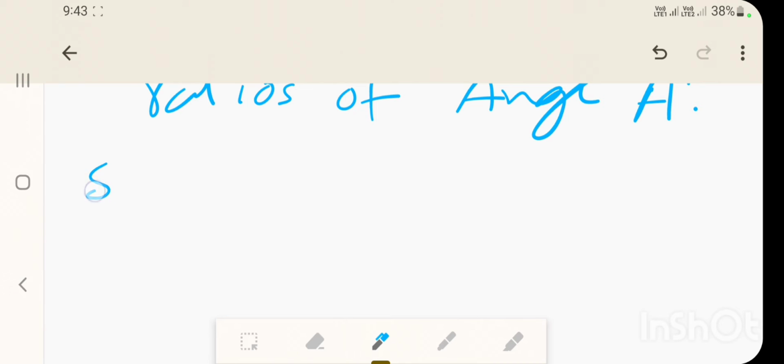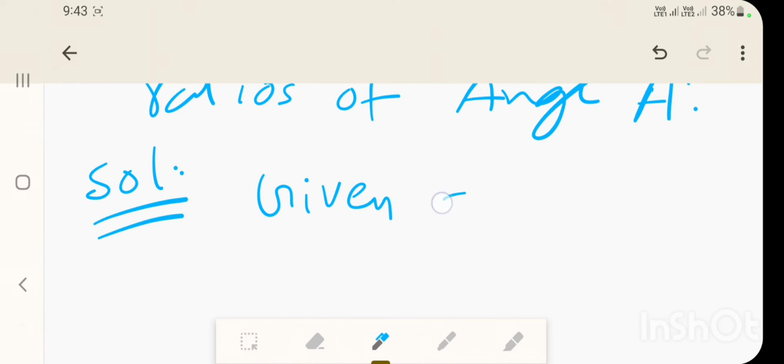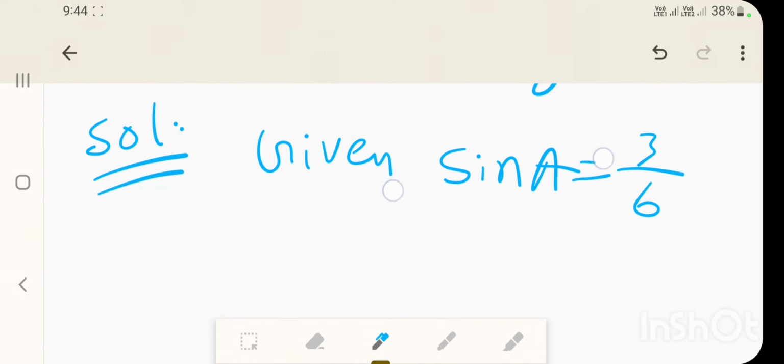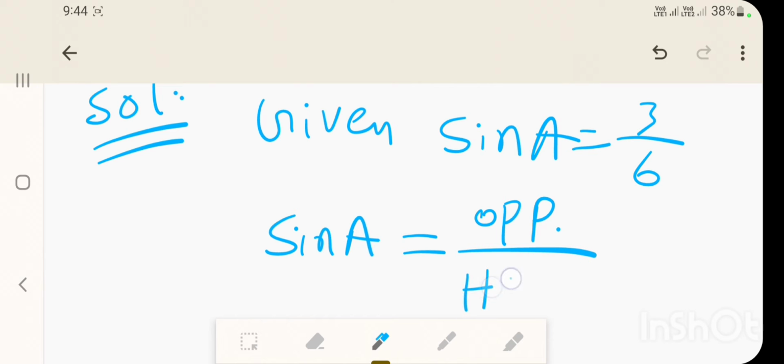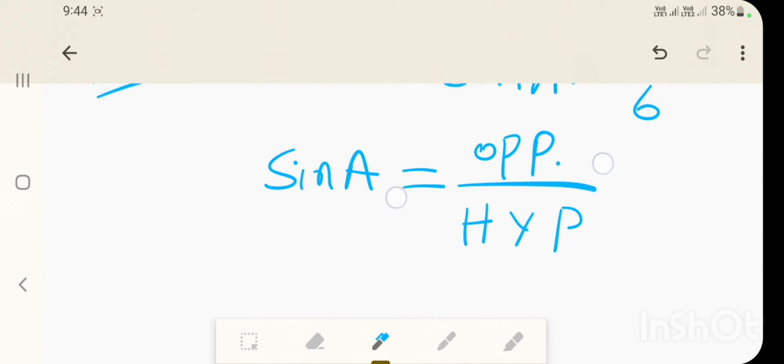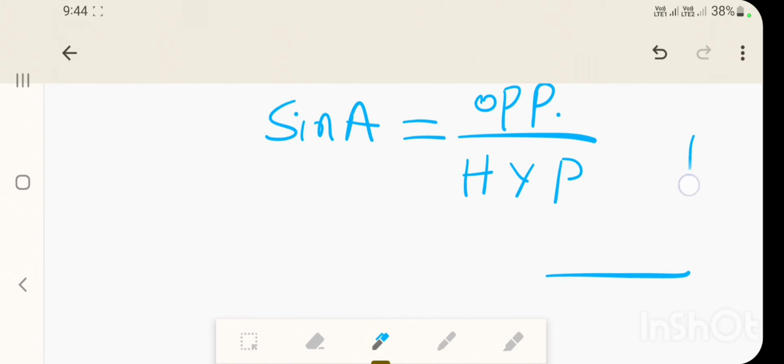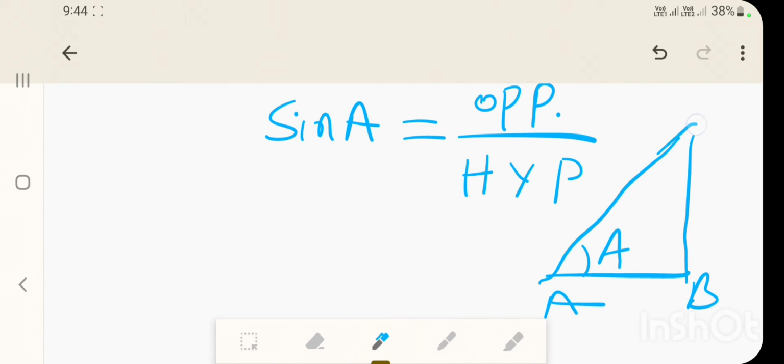What is given here: first you write, given is sine A is 3 by 6. From the sine definition we have opposite side length divided by hypotenuse length. So if you draw a triangle ABC, taking angle A here, you can take it as angle A or theta.